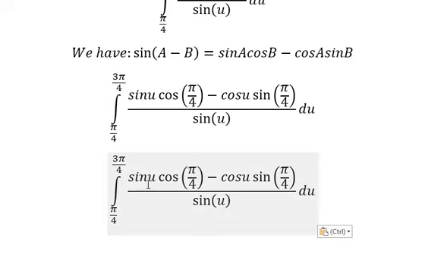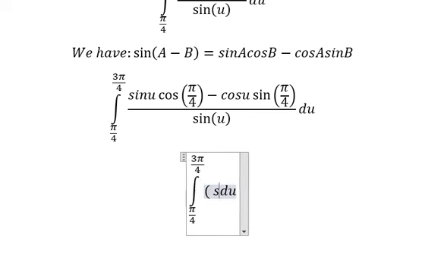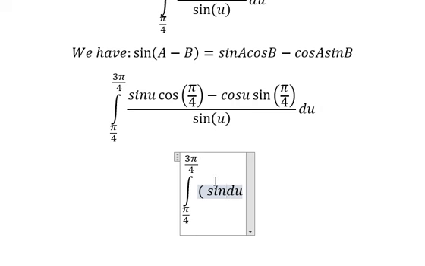Next, sine u divided by sine u, we have number 1. Cosine u over sine u, we keep the same. And now we have like this.